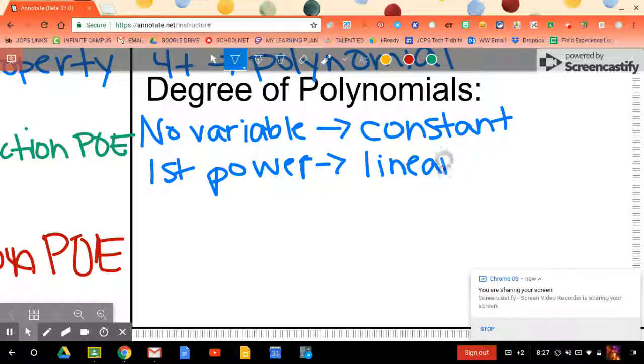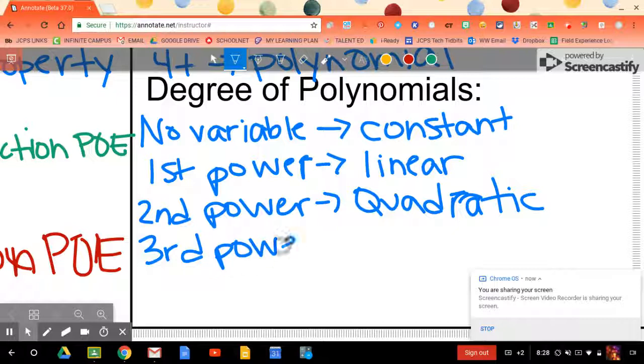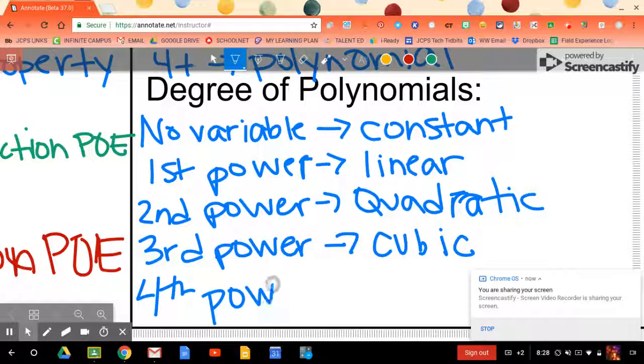If your biggest power on a variable is the second power, it's quadratic. If the biggest power is the third power, it is cubic. And lastly, if its biggest power is the fourth power, it is quartic. And that is as far as I'm going to go.